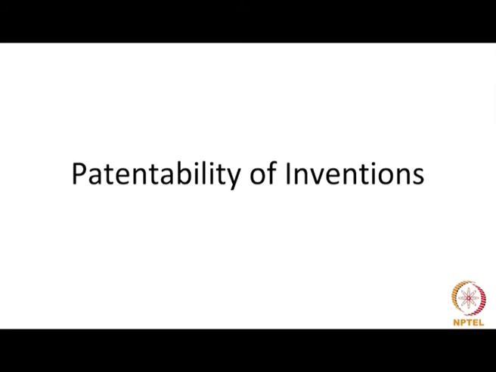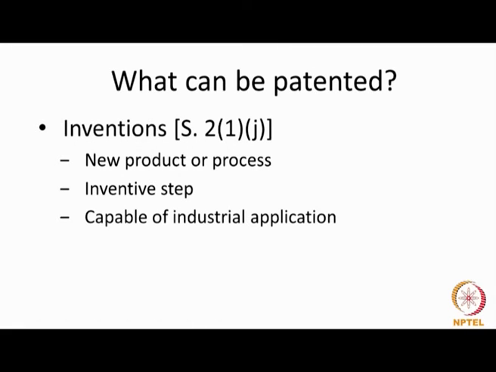Patentable inventions, to use an alternative phrase, refers to the fact that there are certain inventions which are patentable under the Act, which also means that there could be inventions which are beyond the scope of a patent under the Act. This we refer to as the patentability of inventions, or to use the phrase in our syllabus, simply patentability. What can be patented?